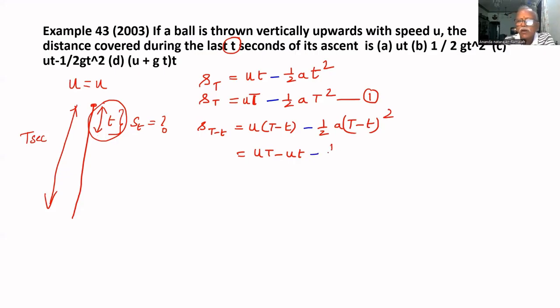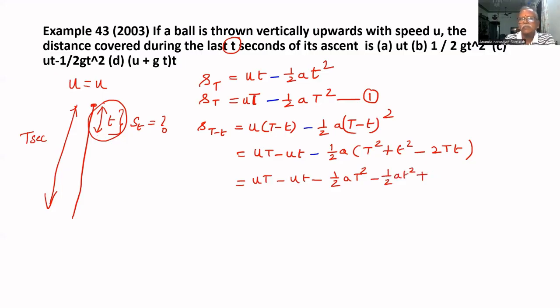Now, half a t square plus τ square minus 2tτ. So that is equal to ut minus uτ minus 1 by 2 a t square minus 1 by 2 a τ square plus a t τ, with the 2 getting cancelled.